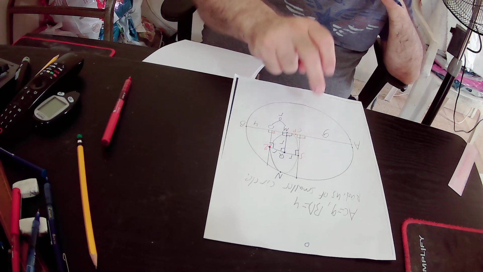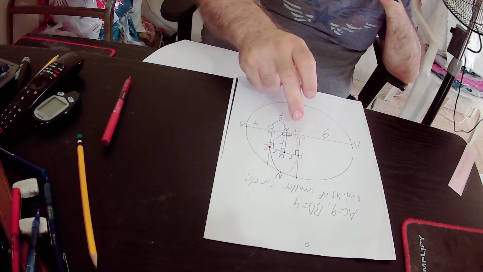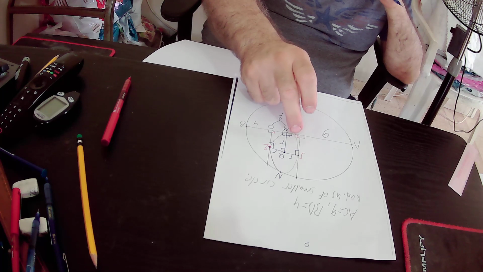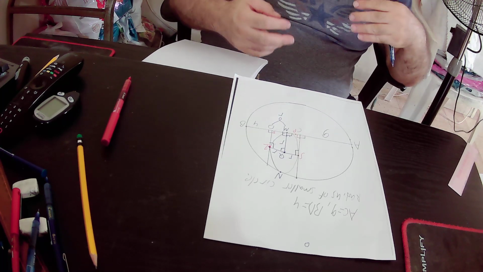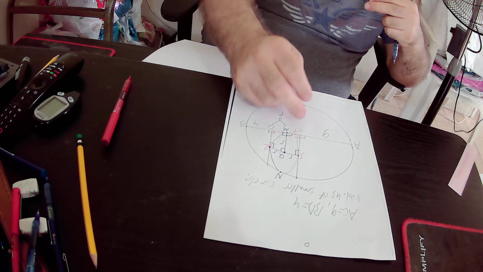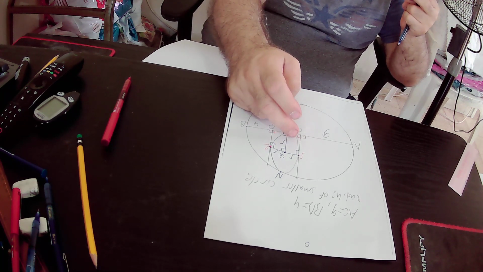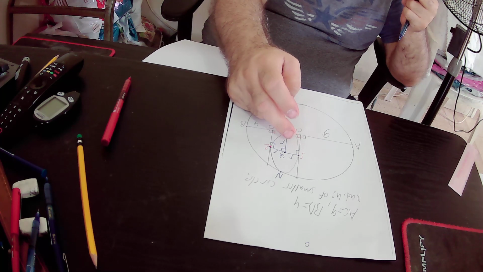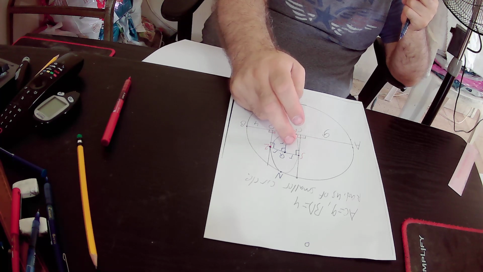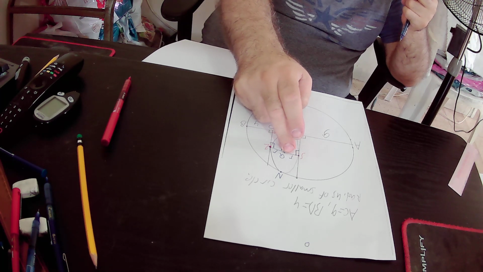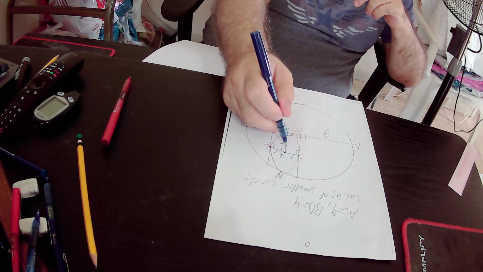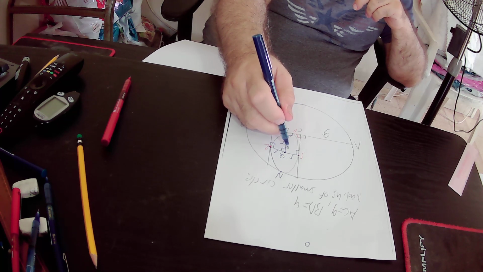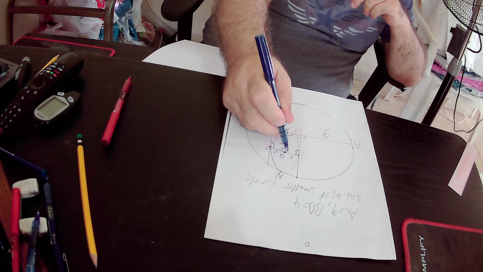Therefore, since the sum of the angles in any quadrilateral equals 360 degrees, this angle must also be equal to 90 degrees in order to complete the sum of the angles in quadrilateral SQCM to 360 degrees.